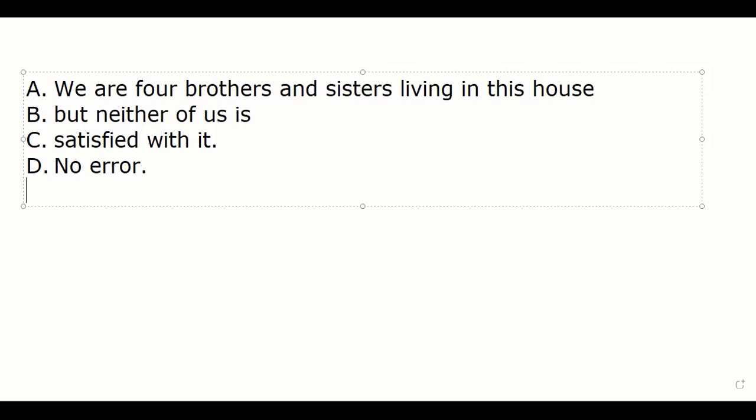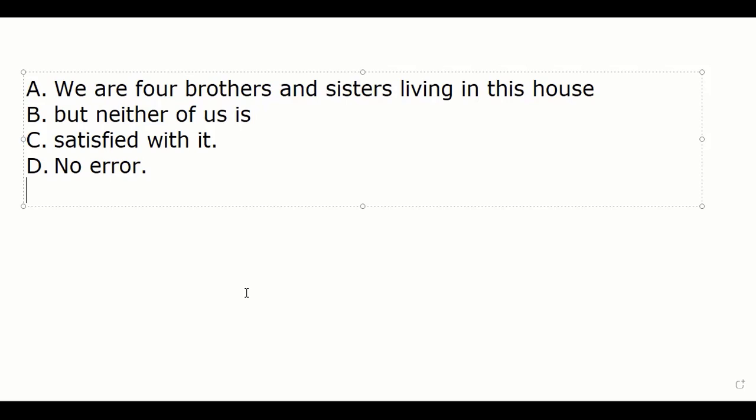Shania, quickly. So I'm just thinking on it. Shaurya. Achintya. Yes, sir. Explain. B is the incorrect one because neither should be none and is should be are.